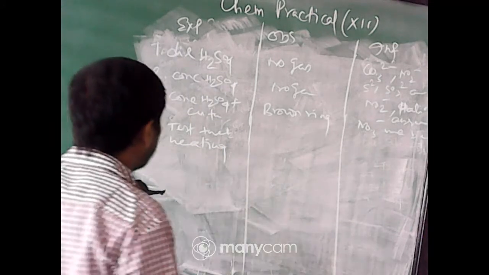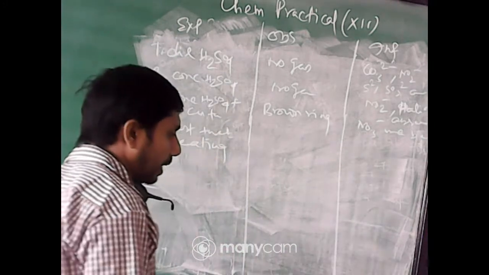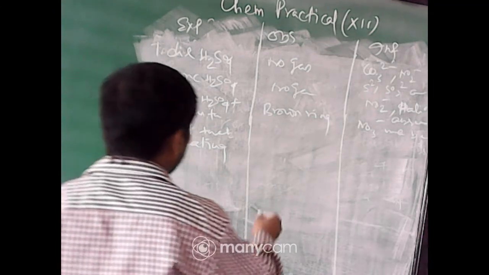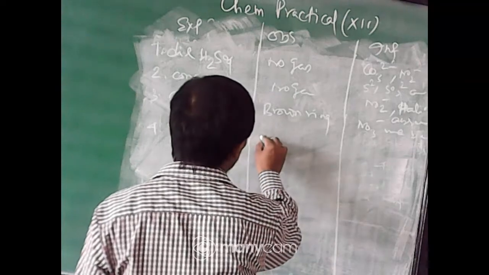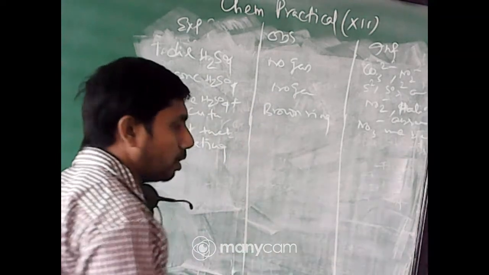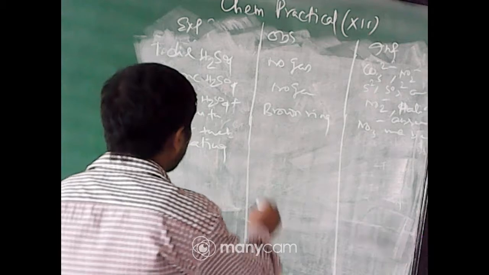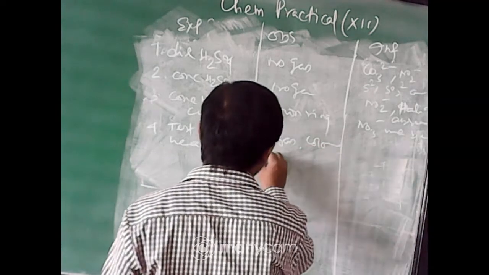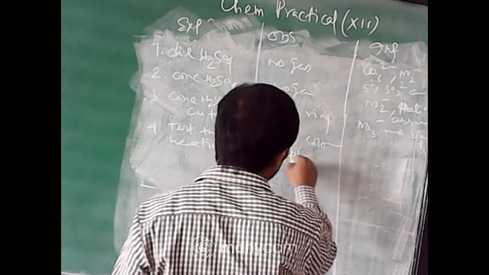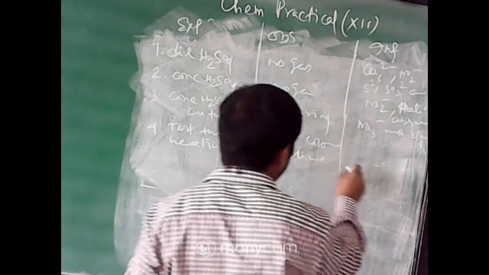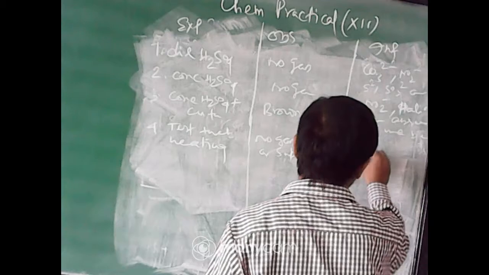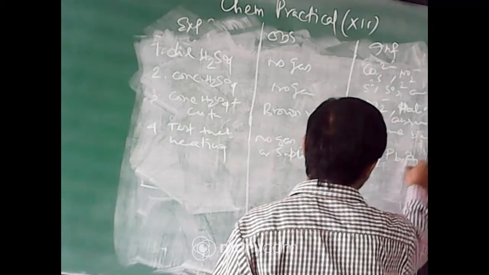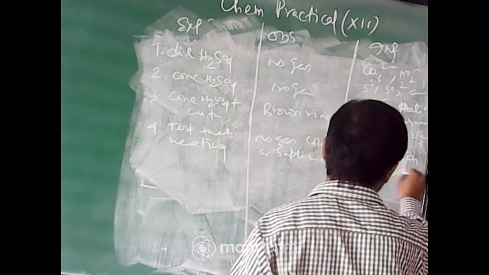So for the test tube heating test, the solid sample is taken in a dry test tube, heated in the Bunsen burner, and we observe whether any color is coming or not. Now here we have got magnesium. Magnesium does not respond in this manner. So here no gas, color change or sublimate forms. A sublimate would indicate NH4 plus, lead, zinc, etc.; they are absent.